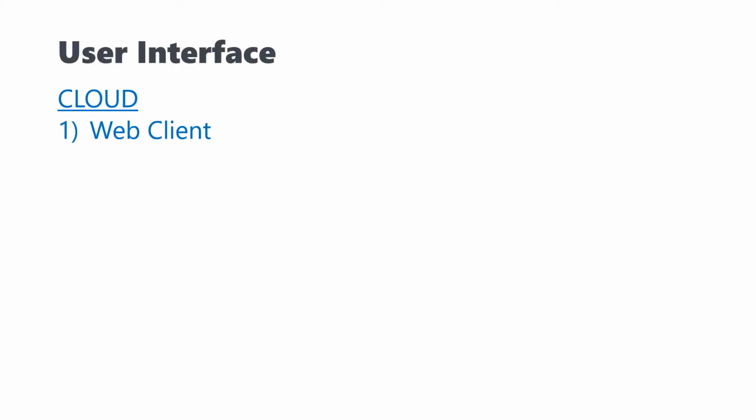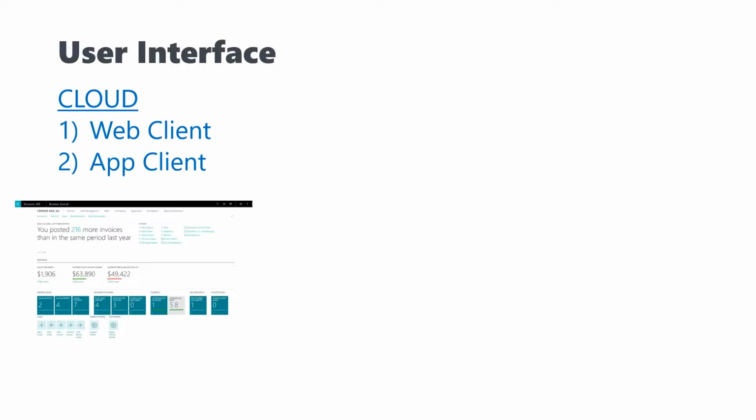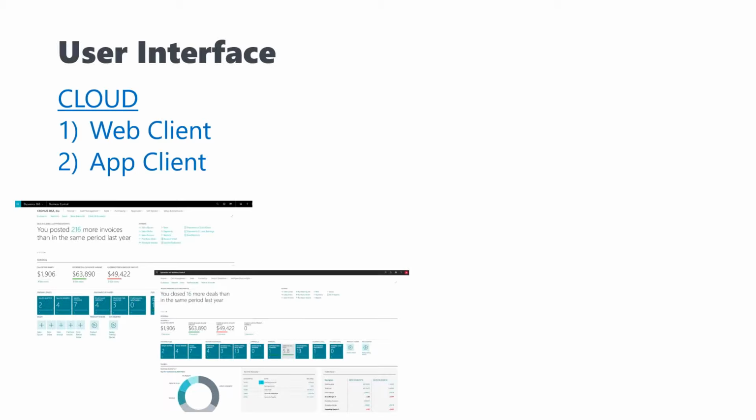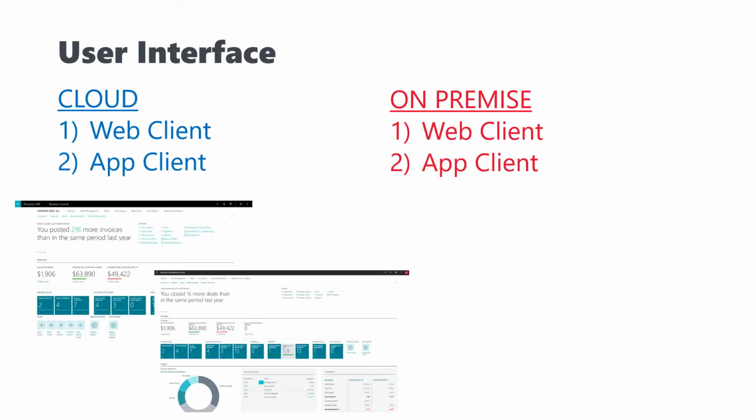User interface. On the cloud, we utilize the web client or the app client, and that looks like this, the new modern user interface. In the on-premise world, there's the web client and the app client. In addition, up through version 14, the Windows client is also available.